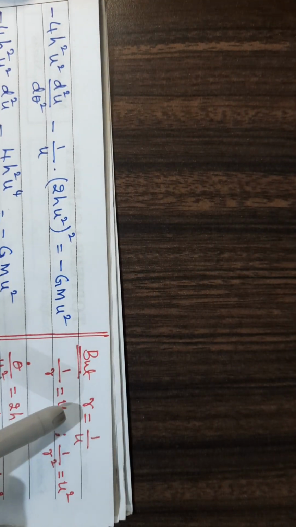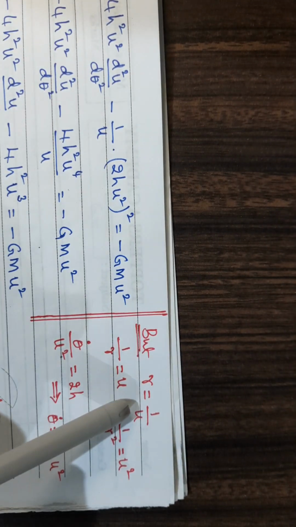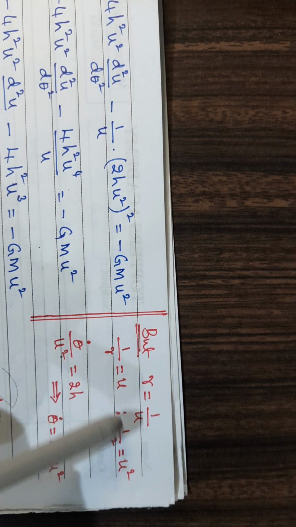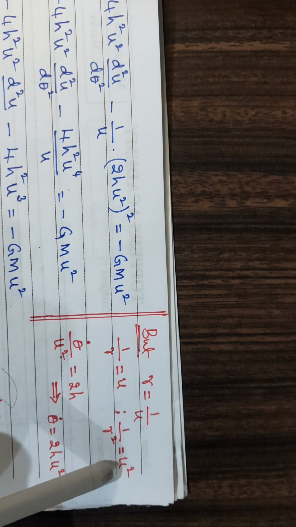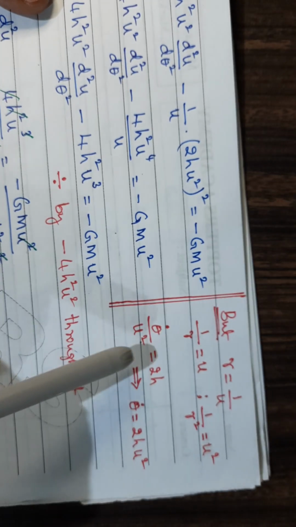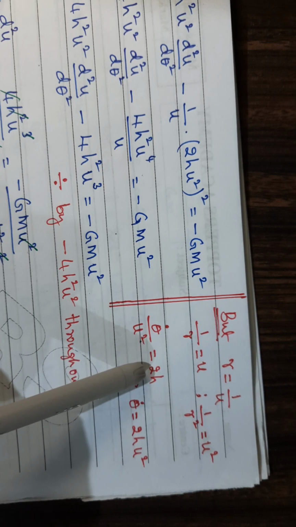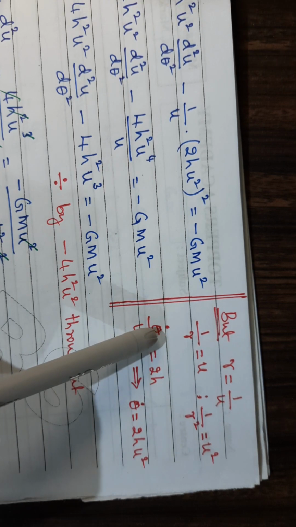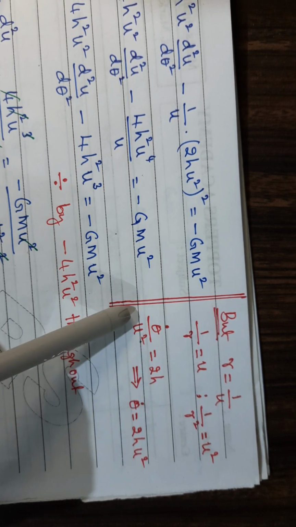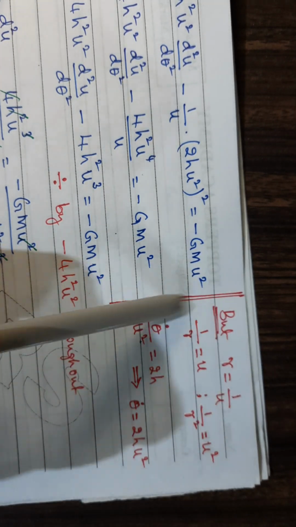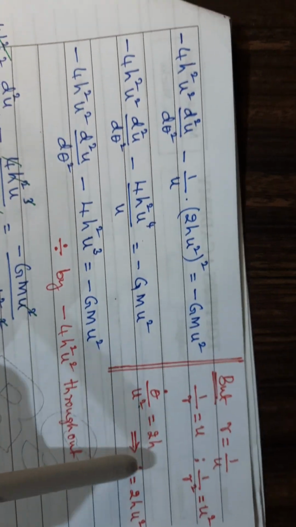Now let us do that concept here. r is equal to 1 divided by u, so 1 by r is equal to u, and 1 by r square is equal to u square. And we know one more thing, theta dot divided by u square is equal to 2h. Therefore theta dot is equal to 2h into u square. All these things we are already aware of, so use all these concepts here.